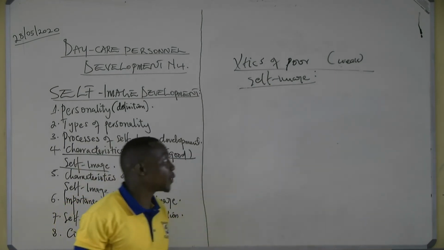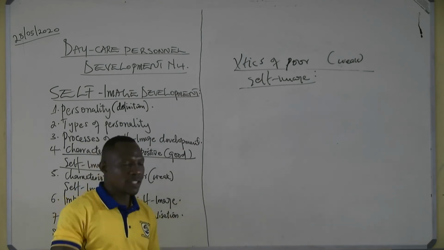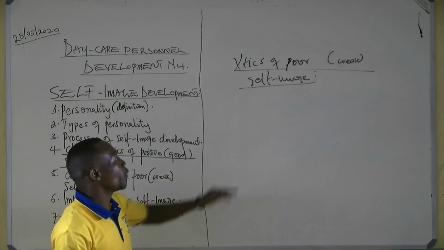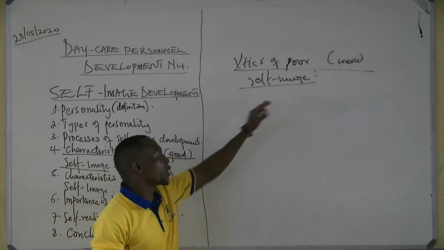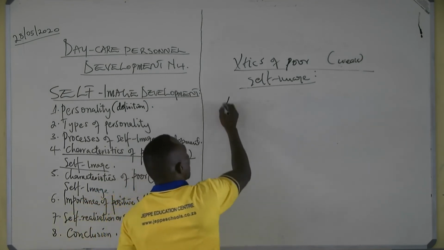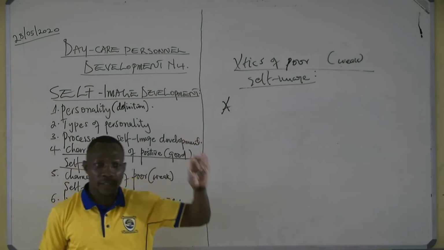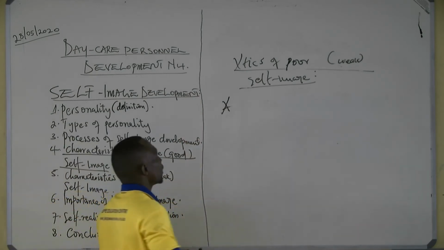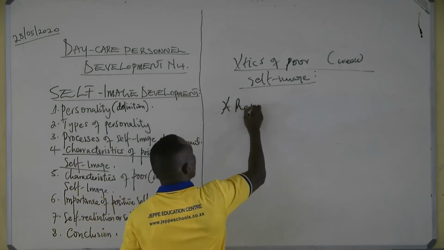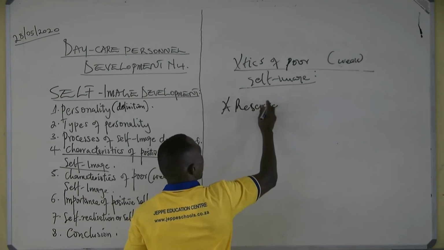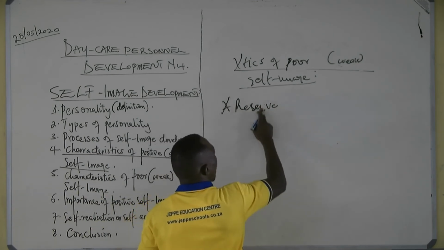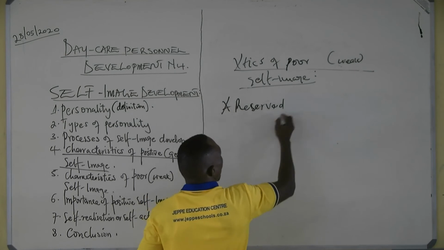Characteristics of poor or weak self-image. This is the opposite now. We have looked at the characteristics of a positive or good self-image. Now, the reverse is true for the characteristics of a poor or a weak self-image. Now, what are these? One of them is a person with a poor or weak self-image.